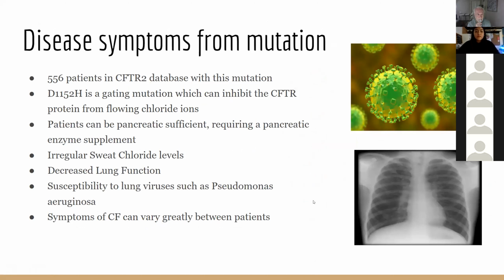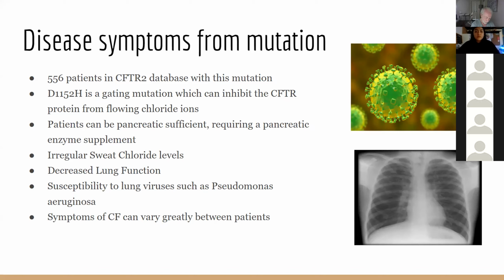Okay, now talking about disease symptoms from our mutation. Currently in the CFTR2 database, there are 556 patients with this certain mutation. Our mutation is a gating mutation, which can inhibit the CFTR protein from flowing chloride ions.